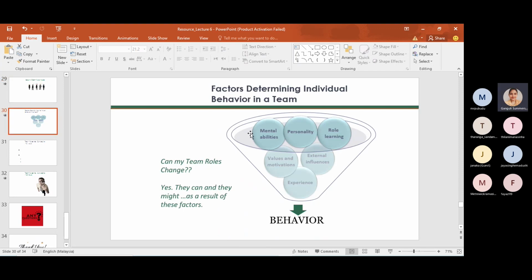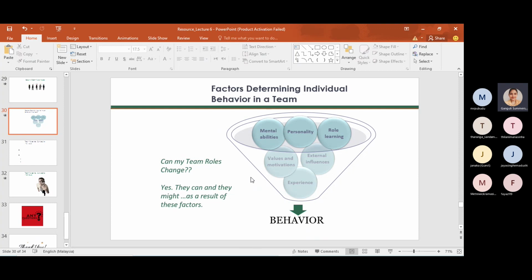Now let's see what are the factors that determine individual behavior in a team. If you think about whether your team roles can change or not, yes, your team roles can change as a result of these factors: mental abilities, personality, role learning, values and motivations, external influences, and experience.